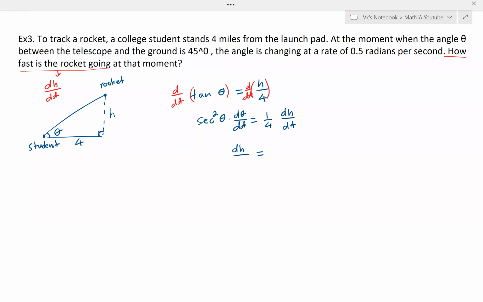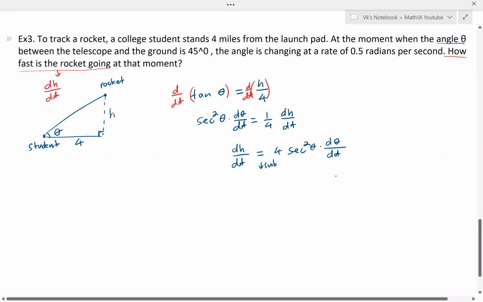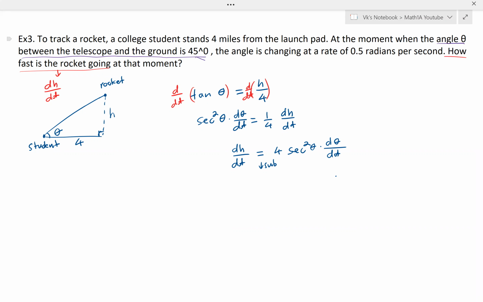So dh over dt here would be 4 secant squared theta times d theta over dt. And do the substitution here. The angle between the telescope and the ground, theta, is 45 degrees, pi over 4.